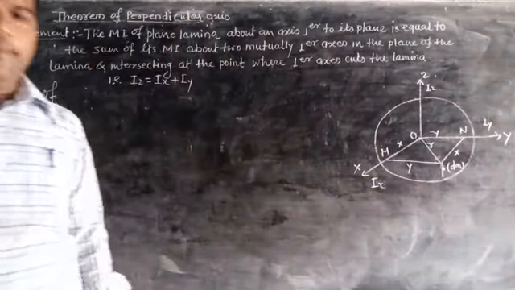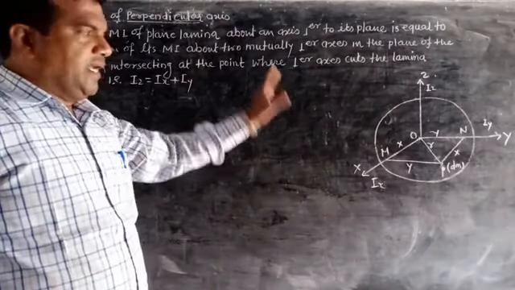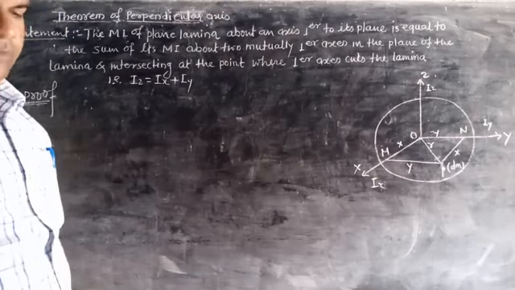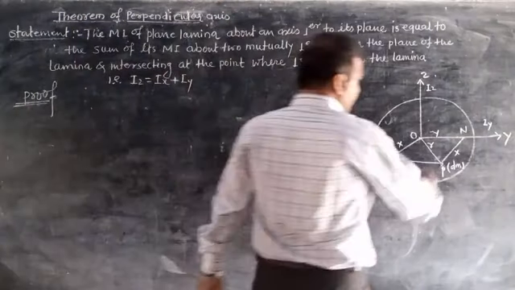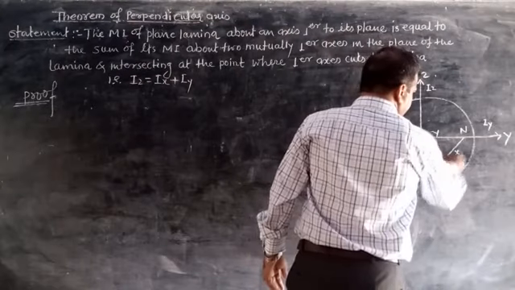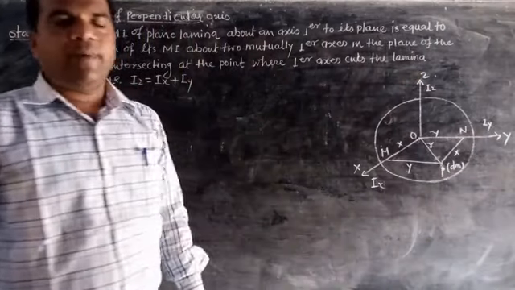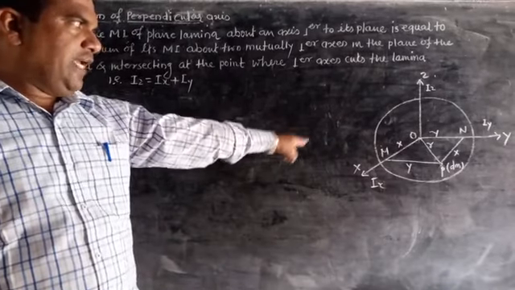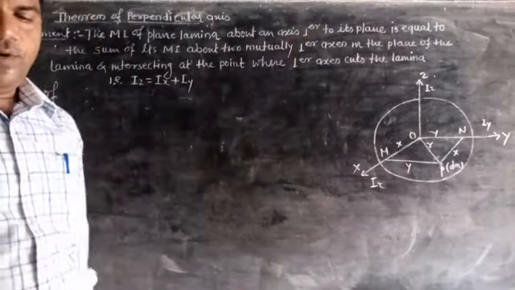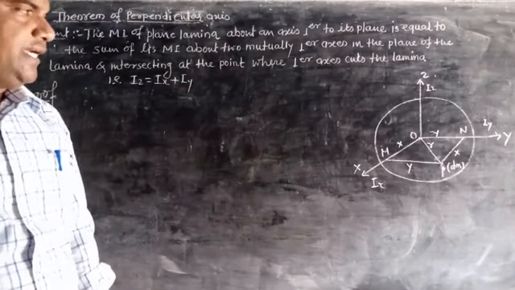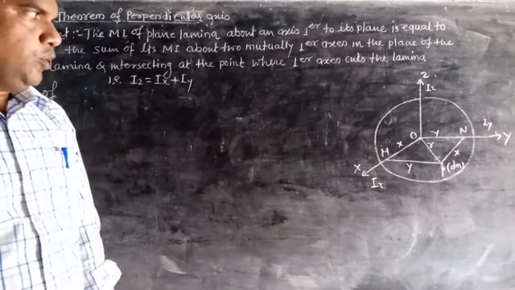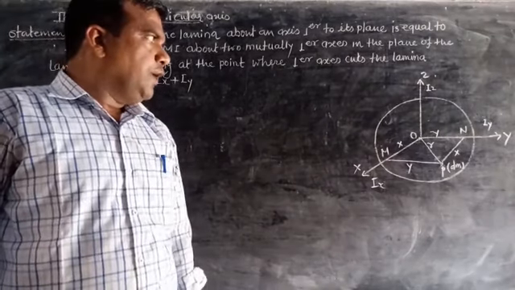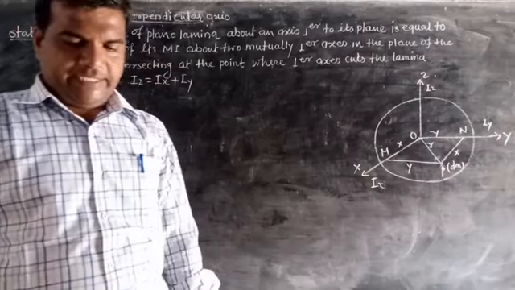Now consider a small element at point P of mass dm at a distance r from the point O. Now join PM and PN, which are perpendicular to the x-axis and y-axis. PM is perpendicular to the x-axis, PN is perpendicular to the y-axis. Let ON is equal to PM is equal to y, and OM is equal to PN is equal to x.